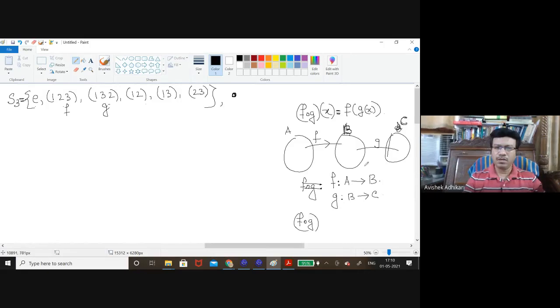first of all, we need to check whether it is really possible to make a composition or not. So it should be some x.